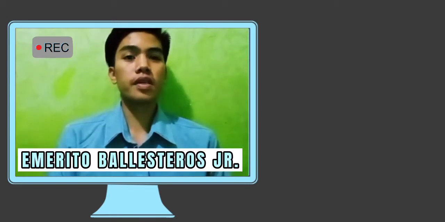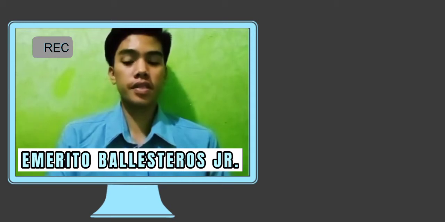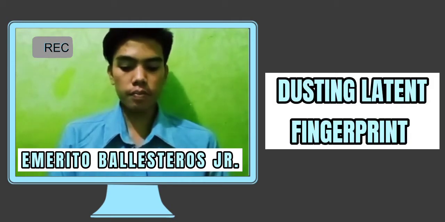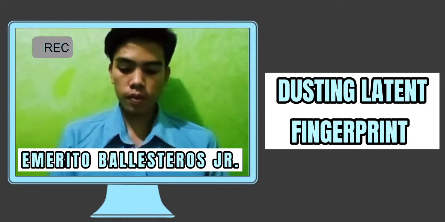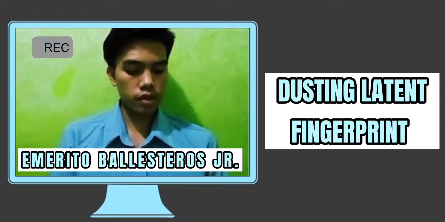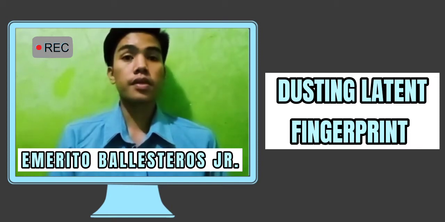I'm Emerito Ballesteros Jr. and my topic is dusting latent fingerprint. Fingerprint dusting powders are available in various colors and chemical compositions to provide maximum development and contrast. When dusting for fingerprints, use a powder that contrasts in color with the surface.